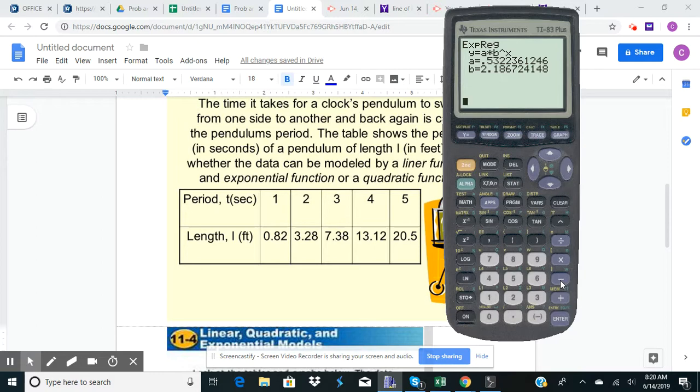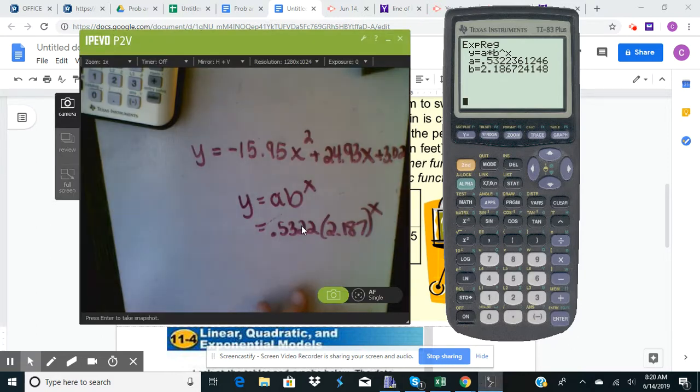0.5322 times 2.187 to the x. And again, I can show you that on my paper. I'm going to go to y equals. I'm going to type in 0.5322. Oops, parentheses. Oh, I'm on the calculator.